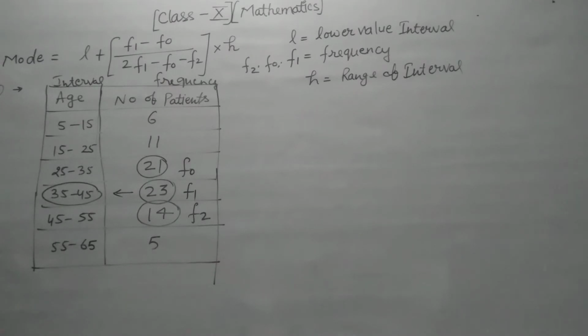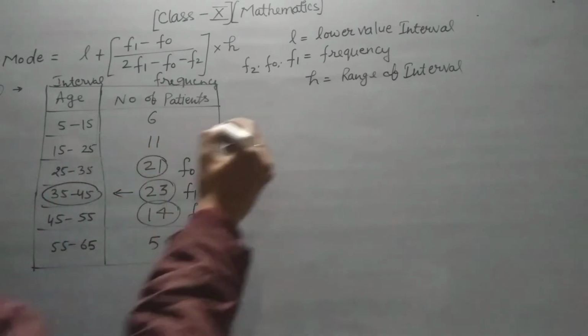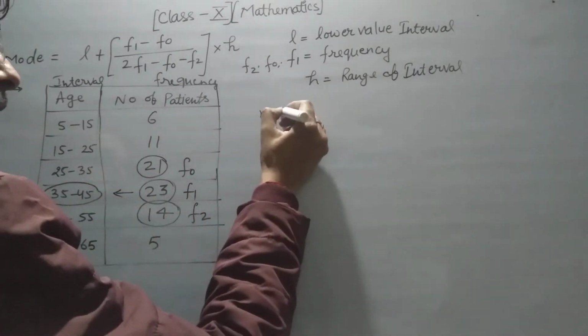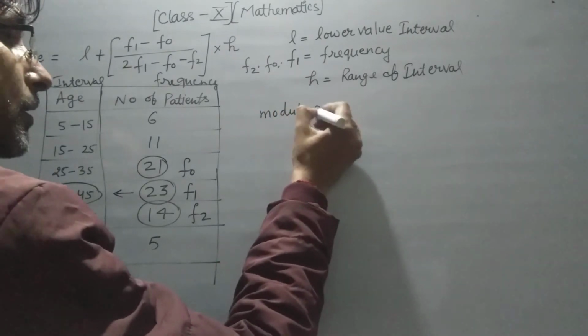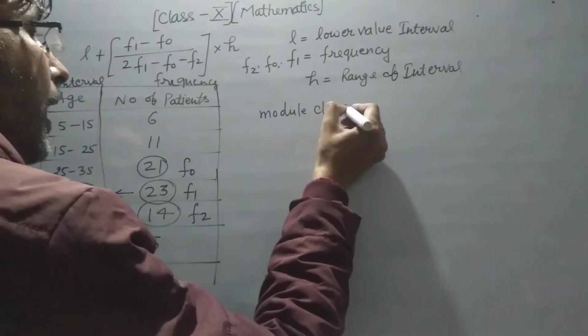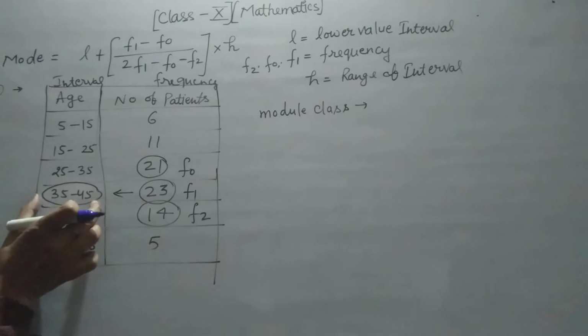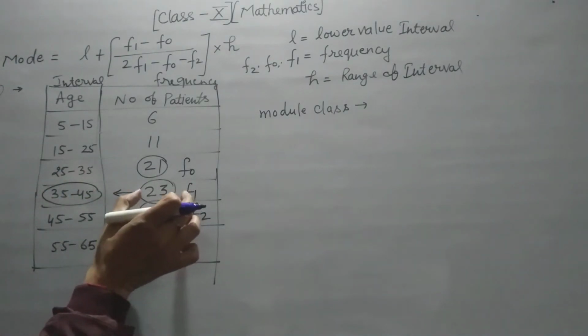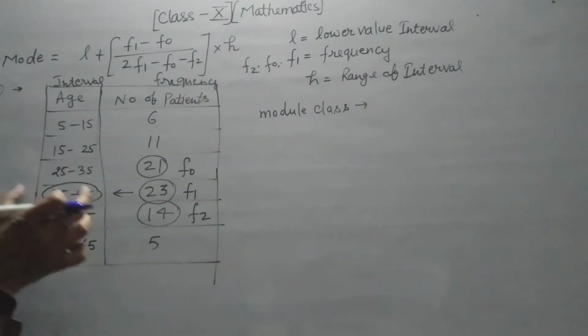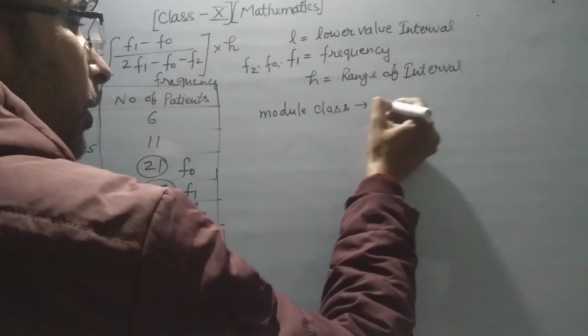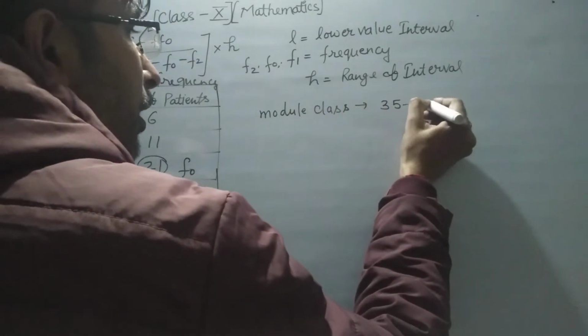First of all you have to write the modal class. This is the modal class because this frequency is the highest value. So the modal class is 35 to 45.